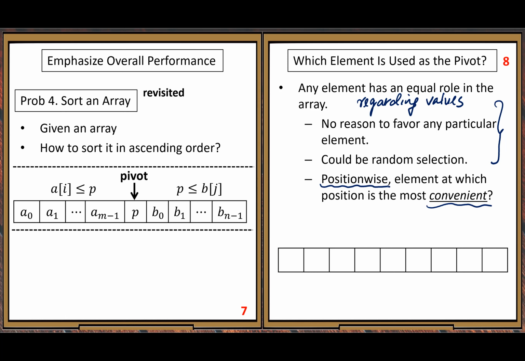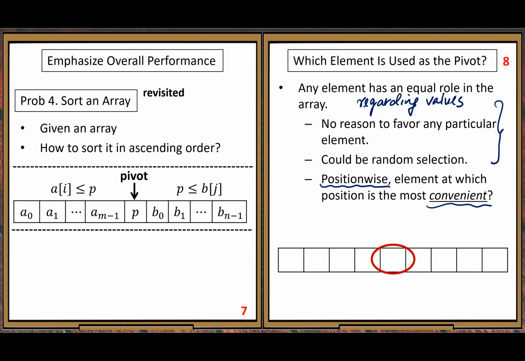Some locations could be better than other locations. The locations do not have equal chance, because they're so different. You cannot say with respect to the locations, each one has the equal chance. That's not correct. For different locations, the importance is different.